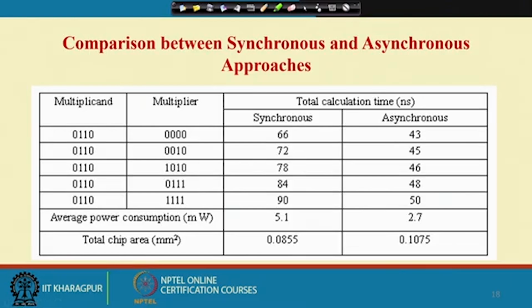But in asynchronous design you can do it in a different way. That means it will not happen in one particular clock cycle. Okay. So, that is why the time requirement in the asynchronous case is lower than the synchronous case. But then what is the problem in the asynchronous case? Whenever you are doing the operation, at that time you can get more violations, that means if one of the signals does not arrive at a particular gate at the proper time, there will be a mismatch in the results.